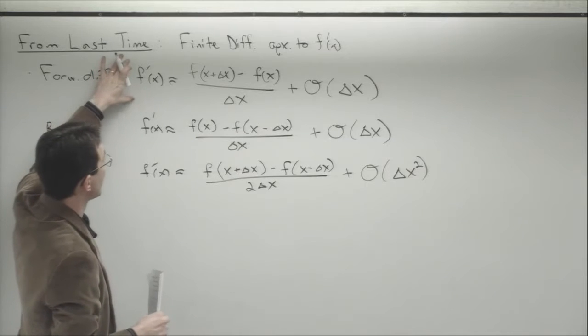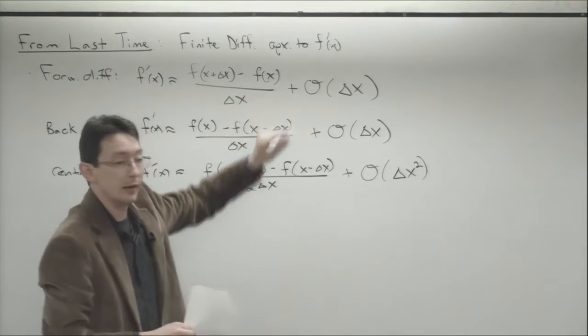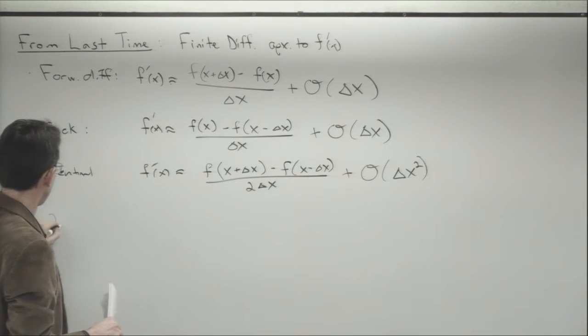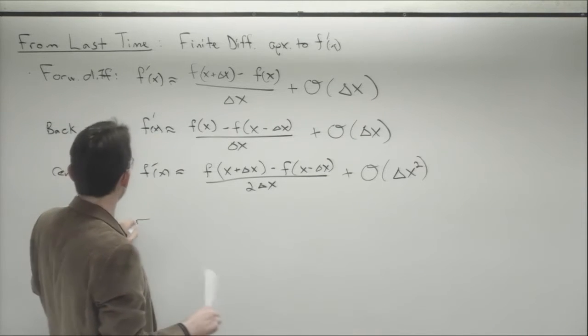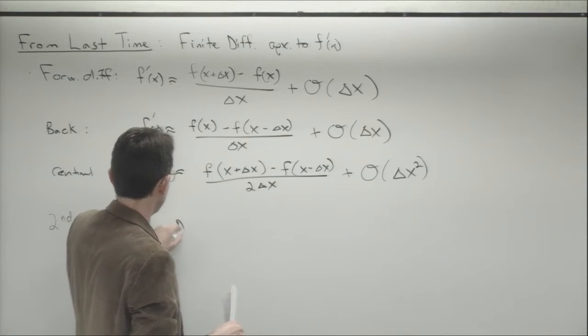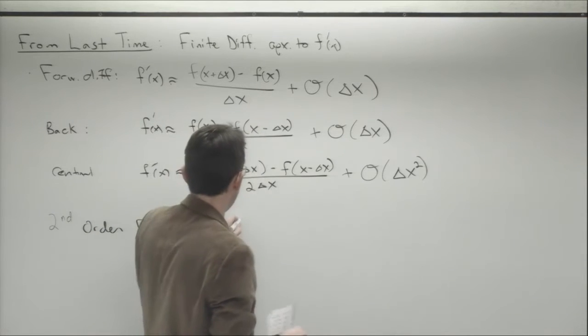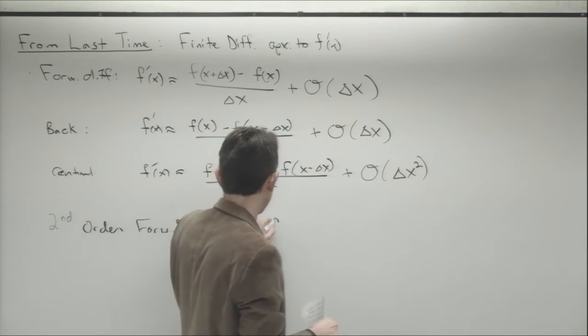If I wanted a second order accurate forward difference scheme, I would need f evaluated at what points? Delta x plus delta x. Okay, so second order forward difference. I would still need f of x. I would still need f of x plus delta x.